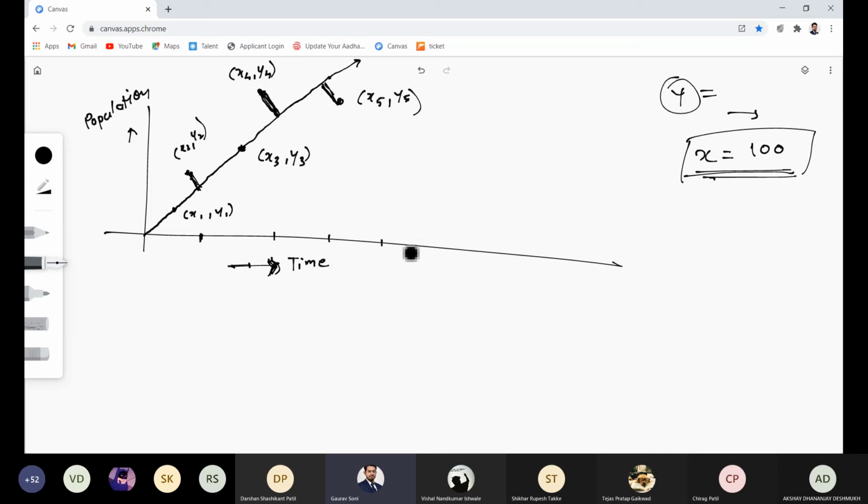I have plotted this graph, and I want to guess what will be the population if the year is 2050. Once I get an equation, I'll put this 2050 in that equation and I will get the population. Actually that 2050 is not correct.